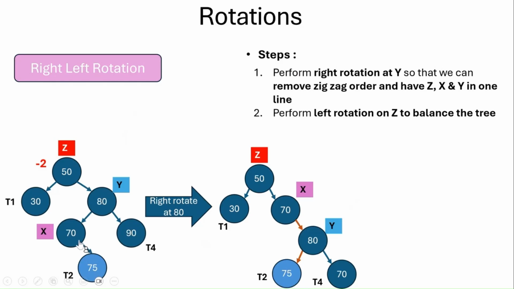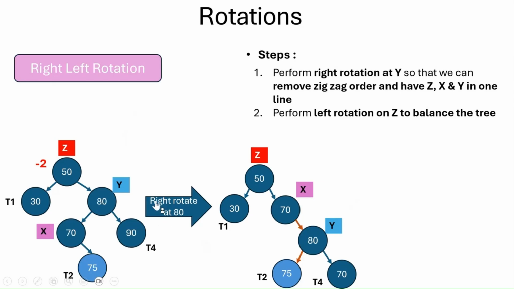If the left child of Y has any right child, then it will go to the right side. It will be a left child of 80, right? 80 moved here, and it will be on the left side of 80 because 75 is less than 80. And 70 is less than 75, that's why 75 is on the right side of 70, right?